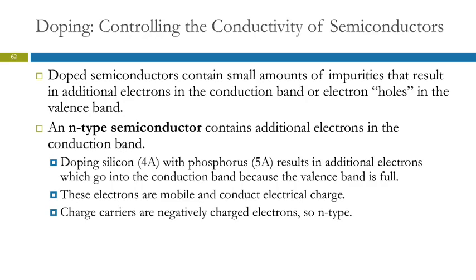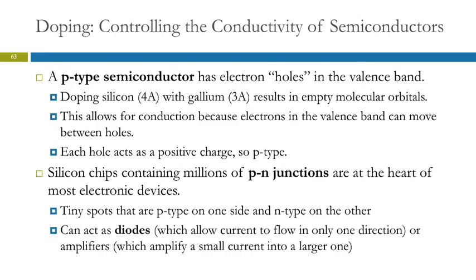So you have some electrons in the conduction band all the time, and so the conductivity is larger. In this situation, what's carrying the charge is the electrons. Electrons are negative, and so this is called an n-type semiconductor, where there's extra electrons, they're in the conduction band. The other type is a p-type, and this has electron holes in the valence band.